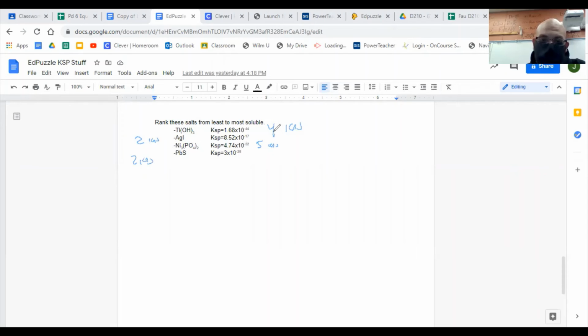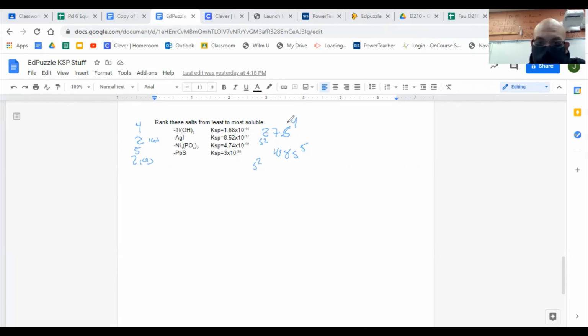If we know the ions, we really know what we can write the Ksp as. If there are 4 ions, it's always 27 S to the 4th. 2 ions is S squared, and 5 ions is 108 S to the 5th.